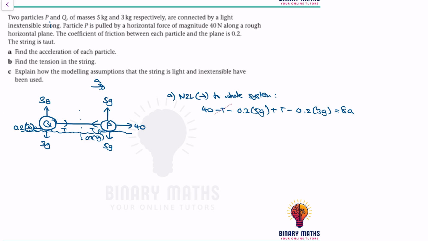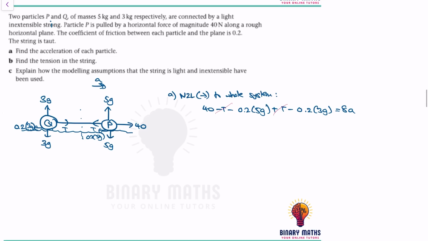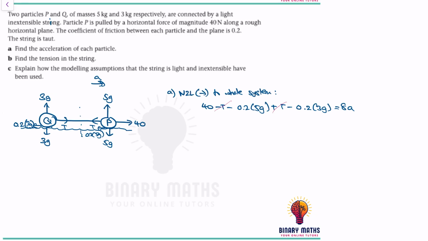So that T cancels out. When you put 40 take away 0.2 times 5g, take away 0.2 times 3g, we end up getting 24.32 is equal to 8 times acceleration. So acceleration is 24.32 divided by 8. Acceleration is 3.04 meters per second squared.